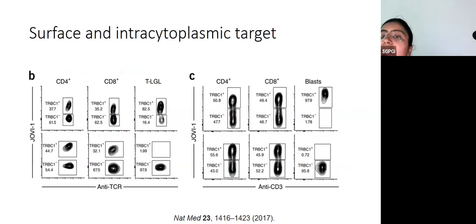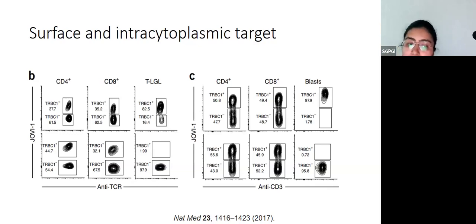So in the first paper itself, they described that TRBC1 could be used both as a surface as well as a cytoplasmic marker. On the left is an example of a TLGL. In a TLGL, you have the CD8 positive cells here, and in the CD8 positive cells, you realize that most of them are actually TRBC1. So it is not a 30-40 split or a 50-50 split.